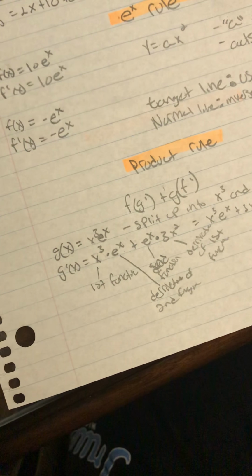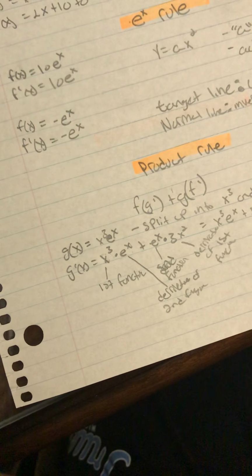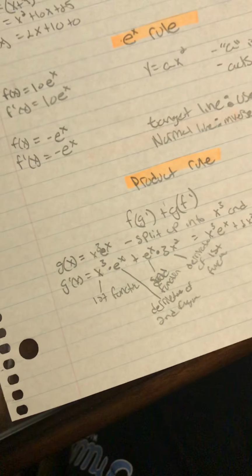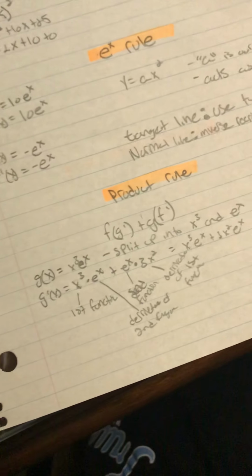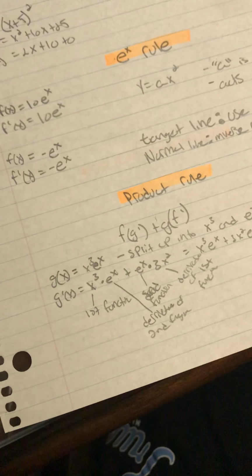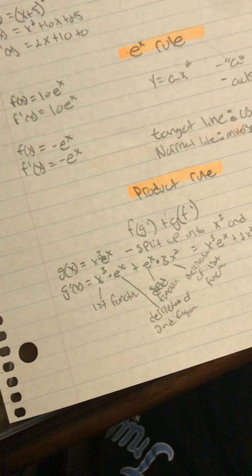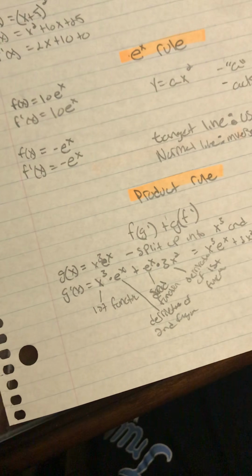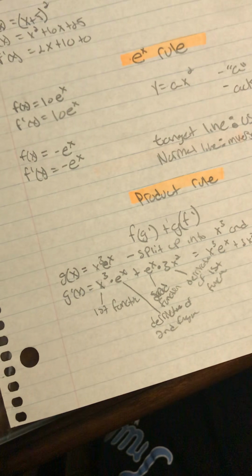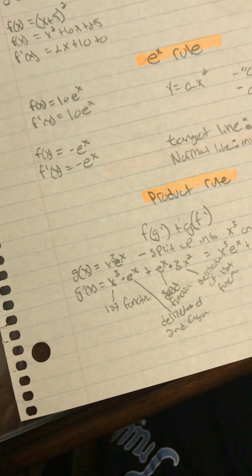Our original equation is x to the third times e to the x, and we split that up into two functions. It would be x to the third and e to the x. So your f of x is just your x to the third. That's your first function, and then you're multiplying it by the derivative of your g of x, which is the derivative of e to the x, just e to the x, so times e to the x.